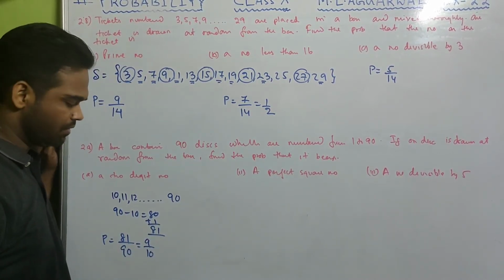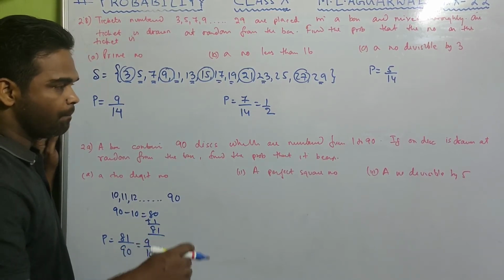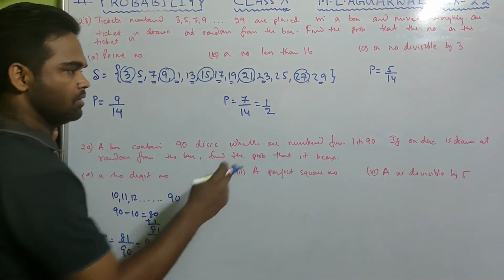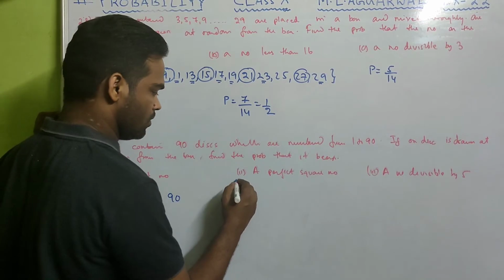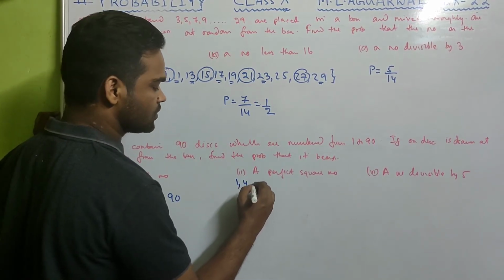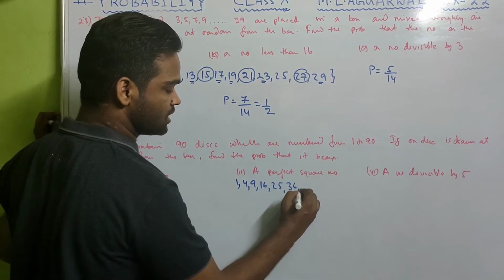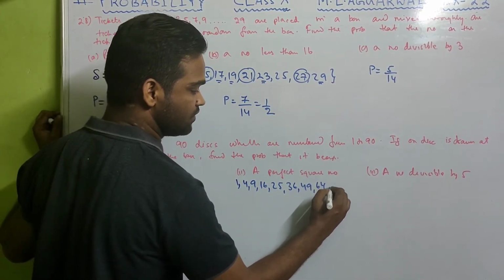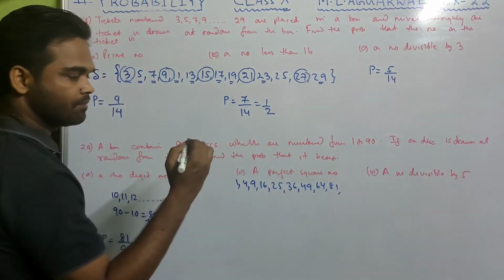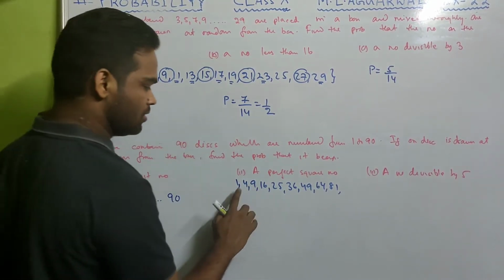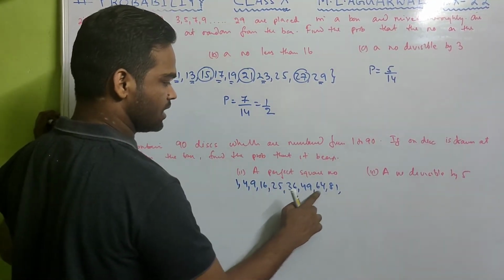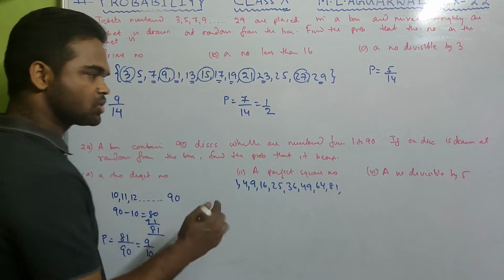Done. Very easy. A perfect square number from 1 to 90. 1 is a perfect square, 4, 3 3s are 9, 16, 25, 36, 49, 64, 81. Isn't it? These are your 9 perfect squares.